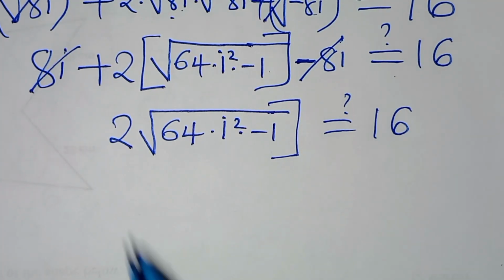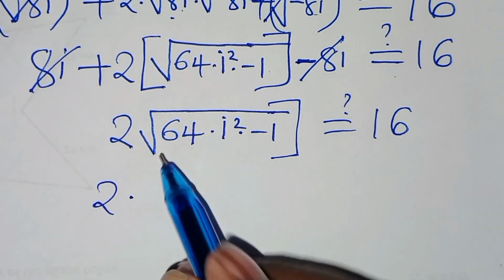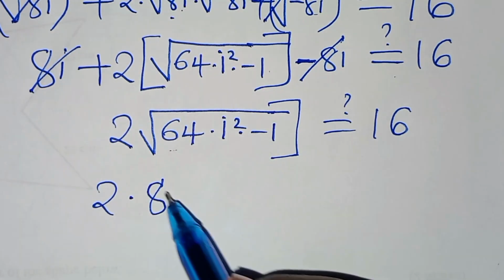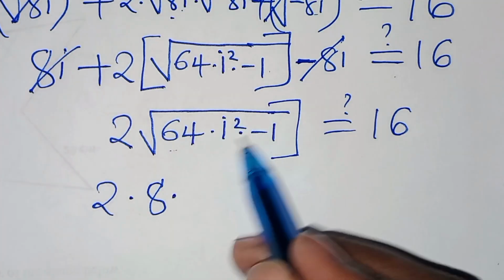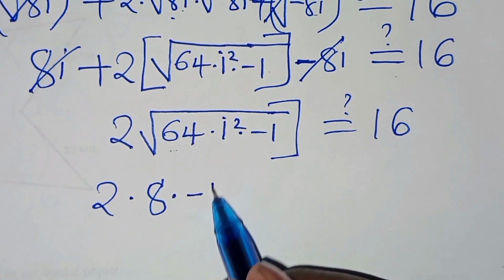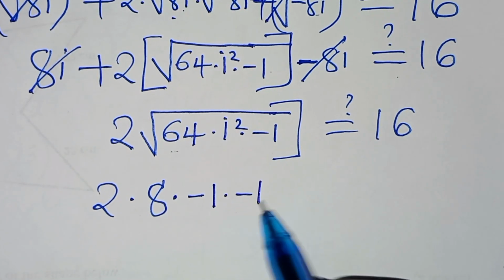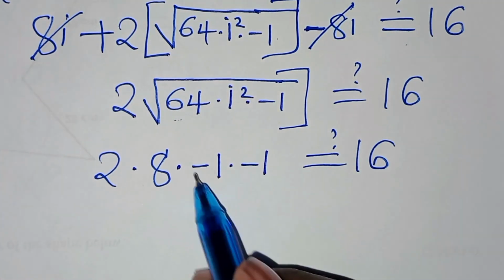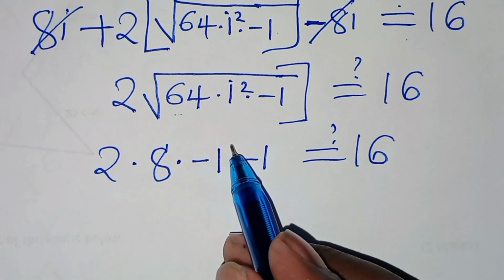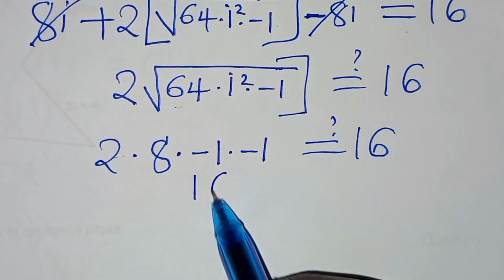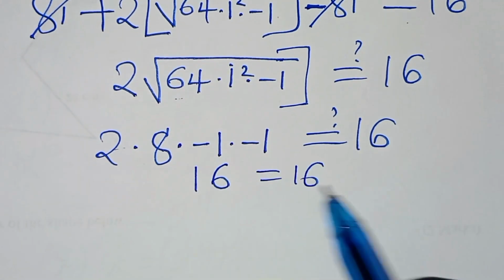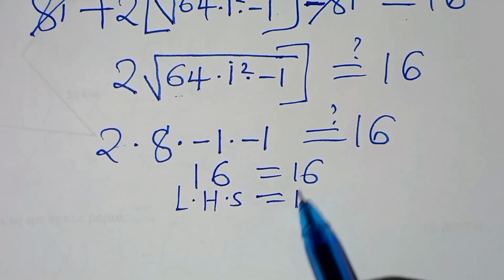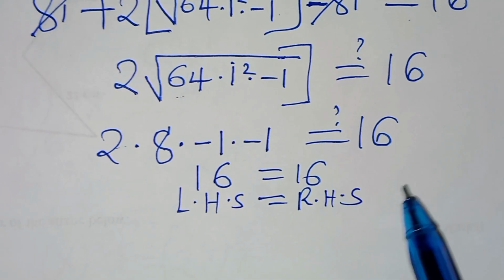So this implies that we have 2 times the square root of 64, this is the same thing as 8, and then multiplying by i squared, this is minus 1, then times minus 1, this should give us a value of 16. So minus 1 times minus 1 is positive 1, and 8 times 2 is 16, which is equal to 16. So this implies that the left hand side is equal to the right hand side.